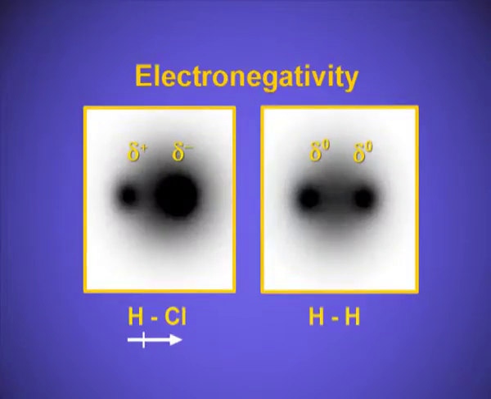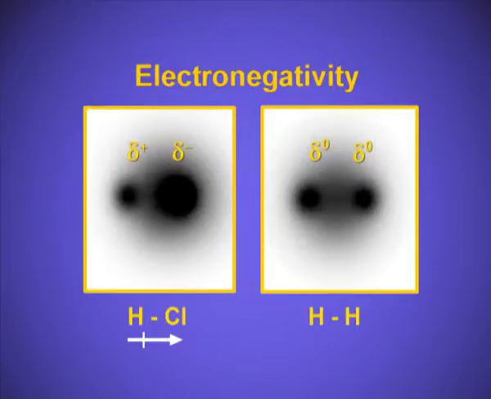You can see from the picture HCl. The bond is between hydrogen and chlorine. Chlorine is more electronegative as compared to hydrogen. So, the shared electron cloud is more shifted towards chlorine, and chlorine acquires a slight or partial negative charge and hydrogen acquires a partial positive charge.